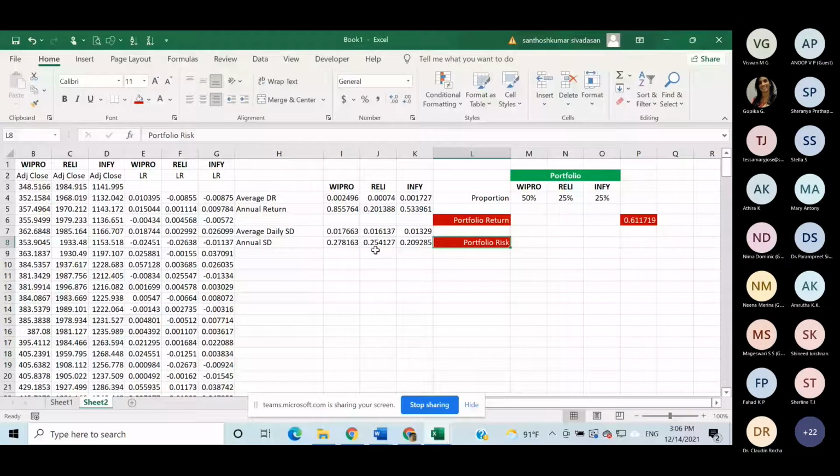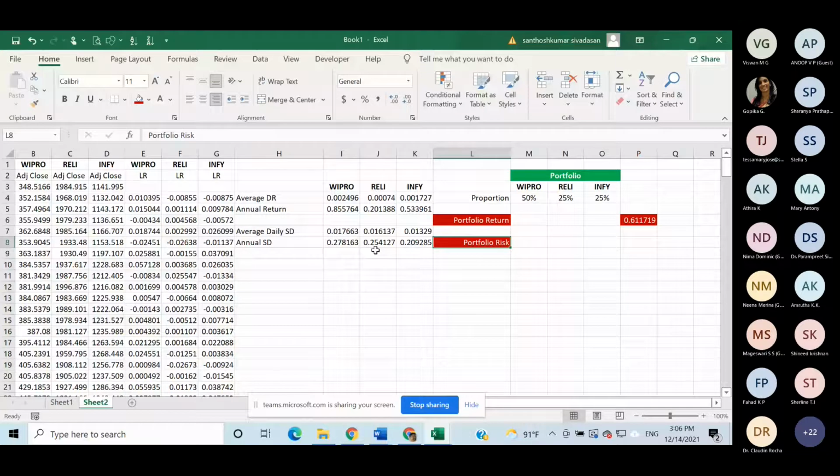So I am explaining step by step. The theory part you read from the different books. You may be knowing, all of you may be knowing. But in the spreadsheet, how can it be calculated? Okay, so first of all, one by one I am explaining.